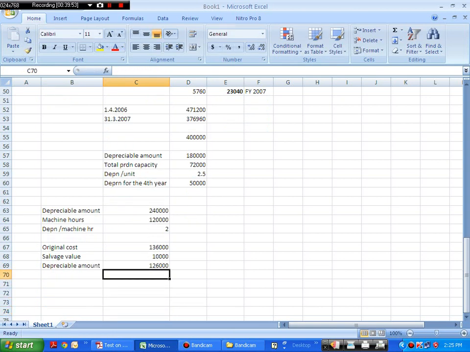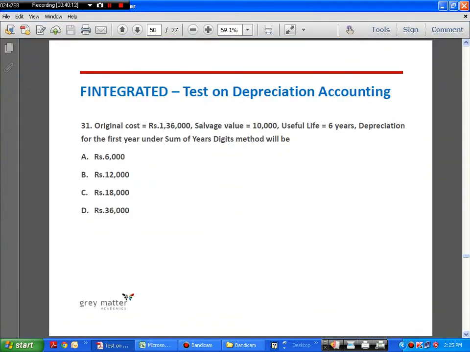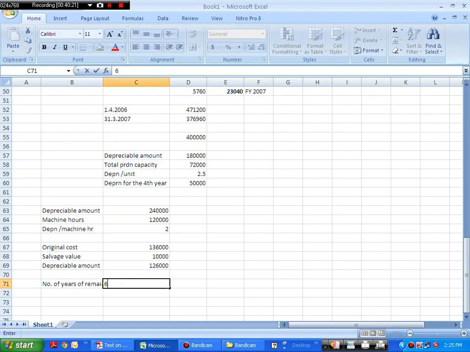Now after this, calculating depreciation under the sum of years digits method, we have to find out the number of years of remaining useful life. We are calculating depreciation for the first year, so the remaining useful life, including the first year, is 6 years.